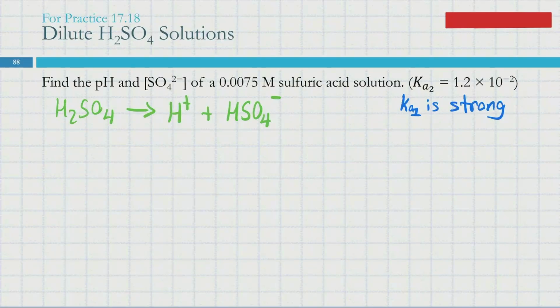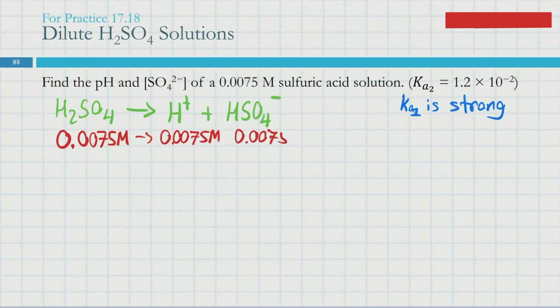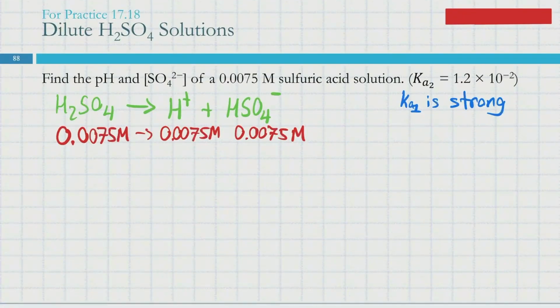So we started with 0.0075 molar of H2SO4. We've got a 1-to-1 ratio to our H+ and our HSO4-. So we're going to have 0.0075 molar of both of those. And that's important because we've got a Ka2, so we've got an ICE table. So knowing that Ka1 is strong unlocks these initial ICE table values for our Ka2.